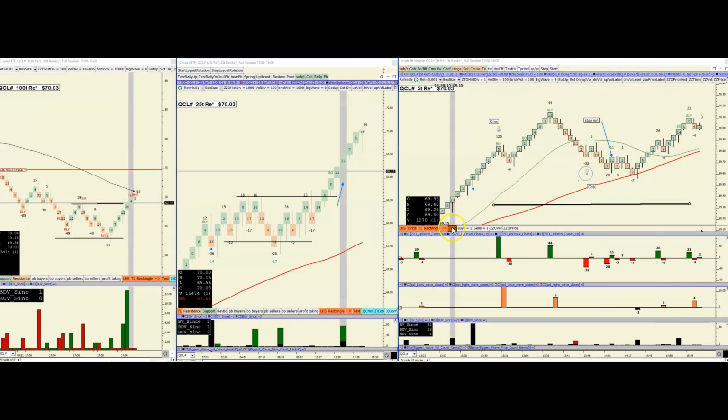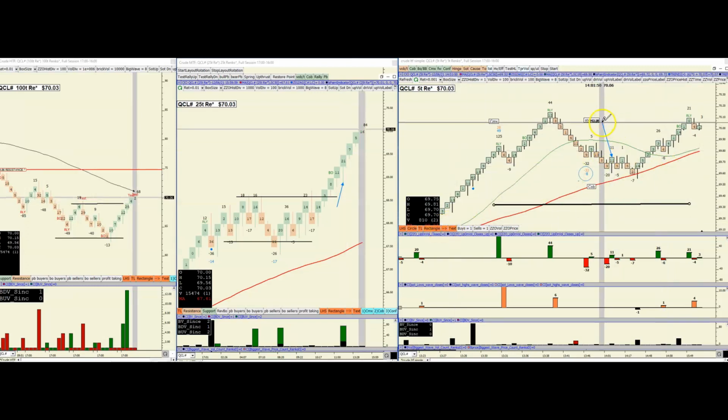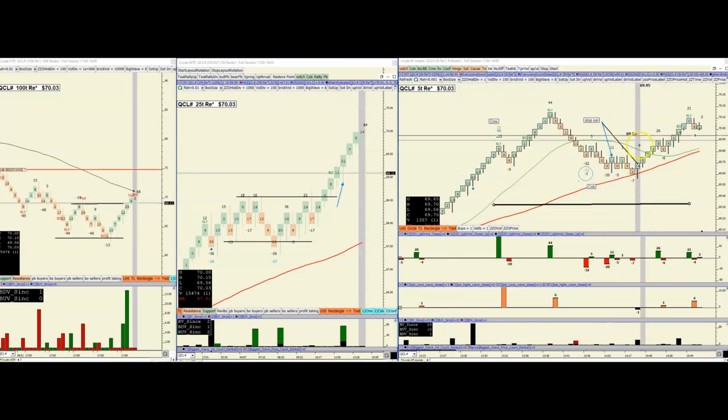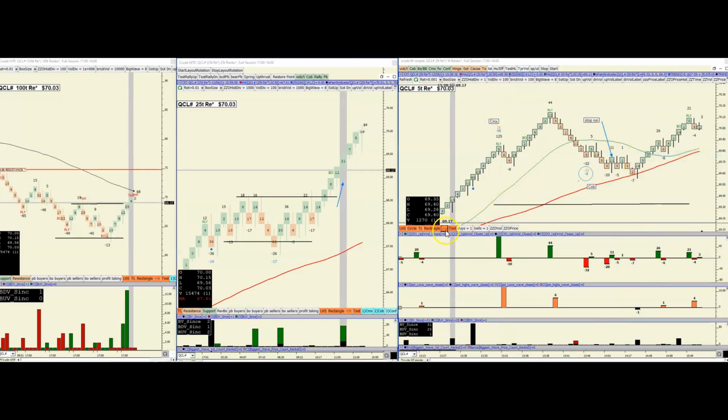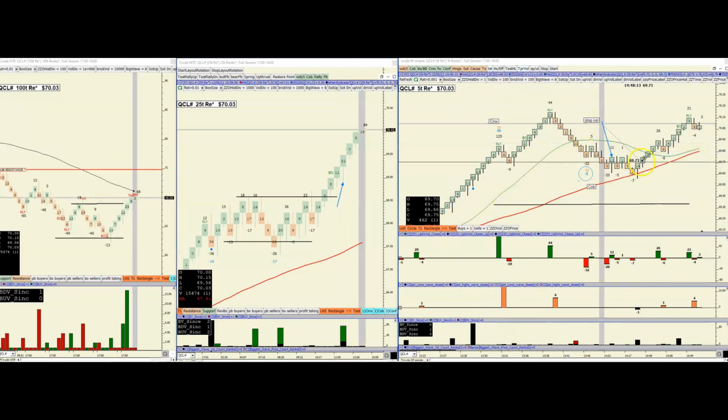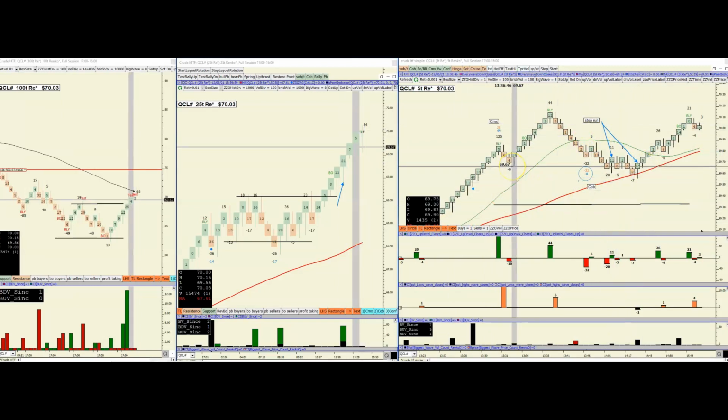All right, now, right here, right there. Oh, shit. So it went below this low.